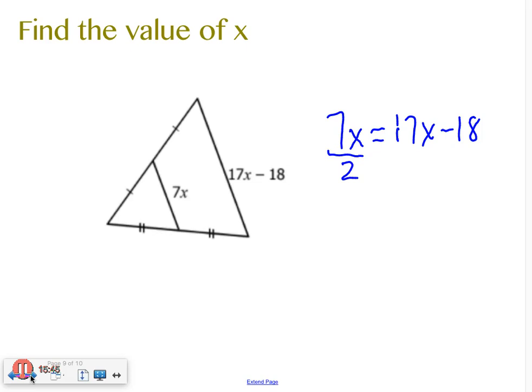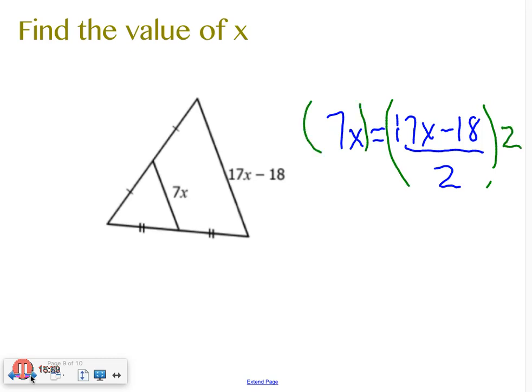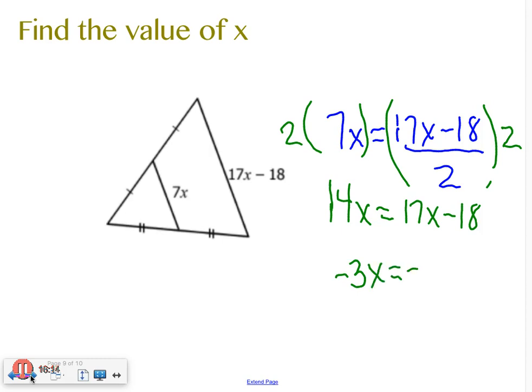I'm going to multiply both sides by 2. Bring over my 17x. Then we find x is 6.